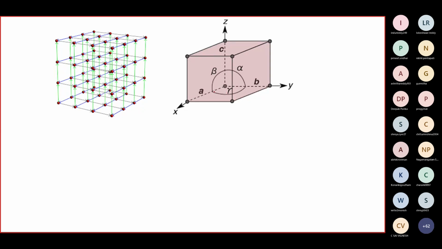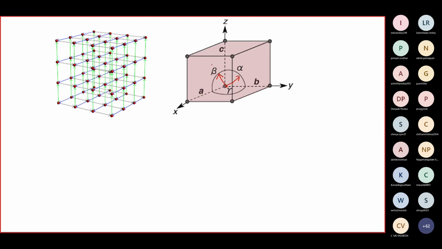To remember this is simple: the angle opposite to A is alpha, opposite to B is beta, and the remaining one, opposite to C, is gamma, between A and B.